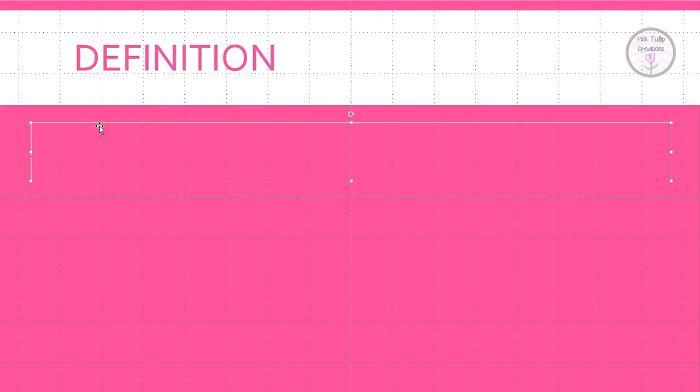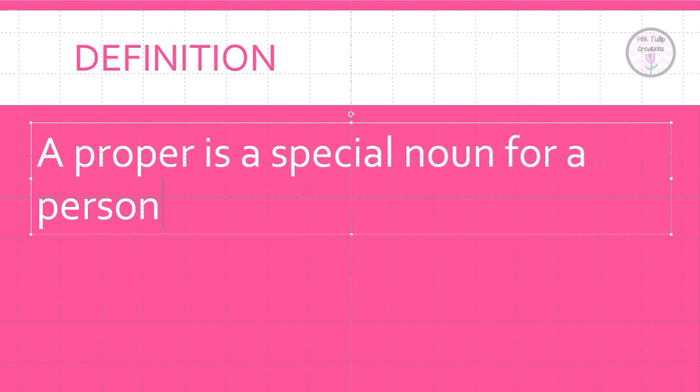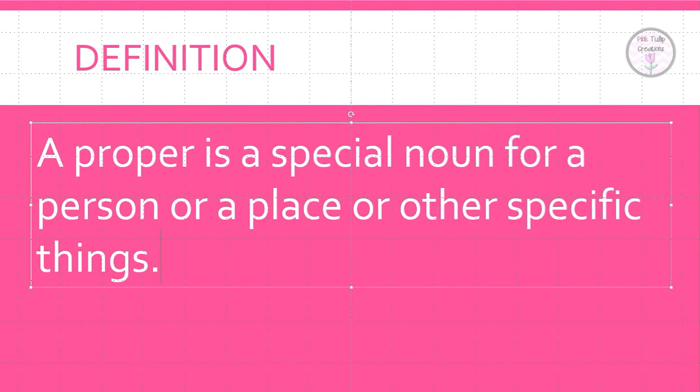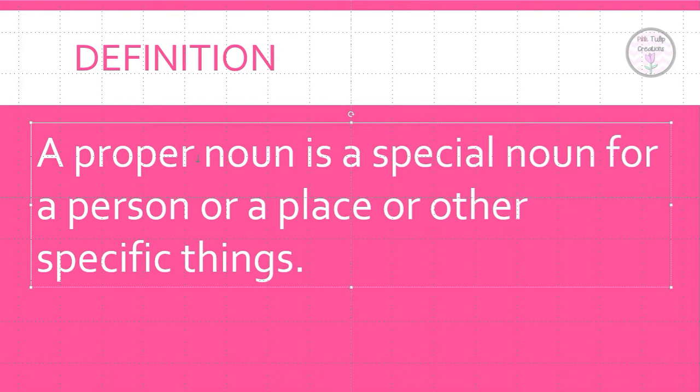So, having a look at our slide, a proper noun is a special noun for a person or a place or other specific things. Okay, so a proper noun is a special noun for a person or a place or other specific things.